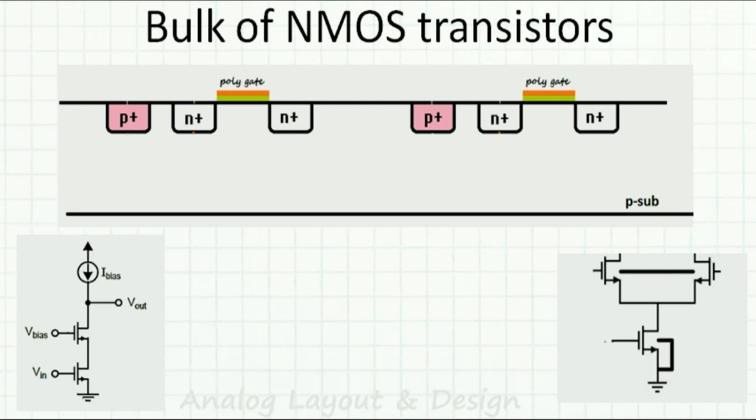Now let's try and analyze a cascode amplifier like this, wherein I have M1 and M2. M2 is the cascode device, M1 is the base device.